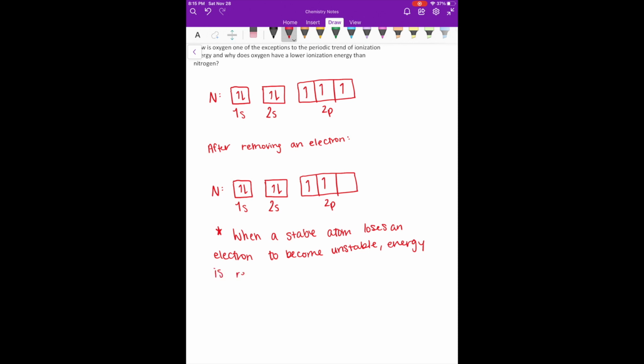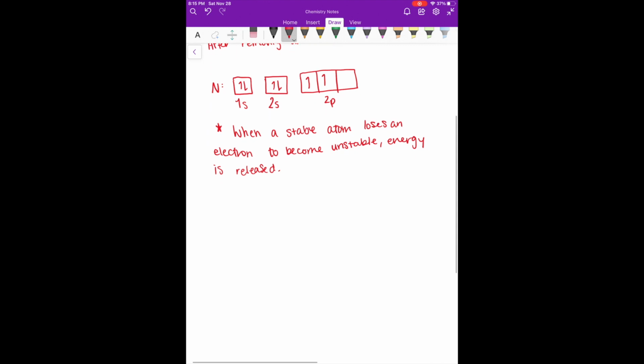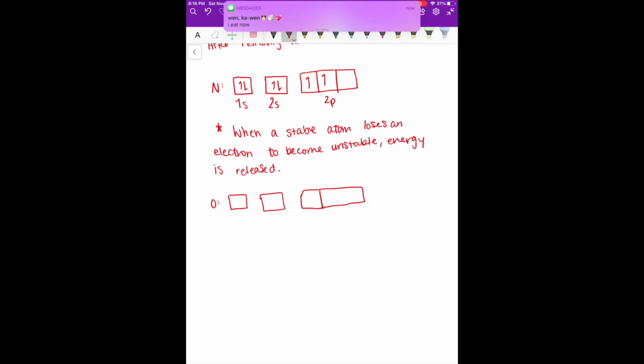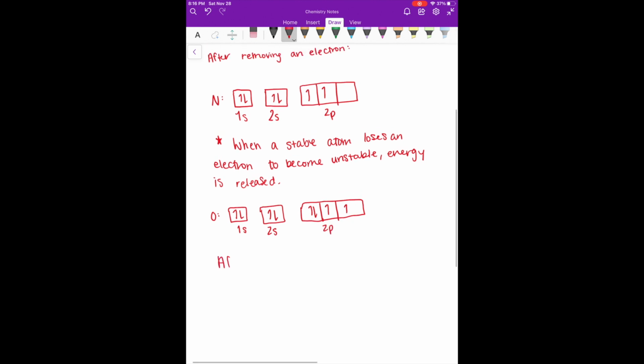The next thing that we can do to compare is draw out the electron configuration for oxygen. After the ground state configuration is drawn, we can also draw the electron configuration after an electron is removed.